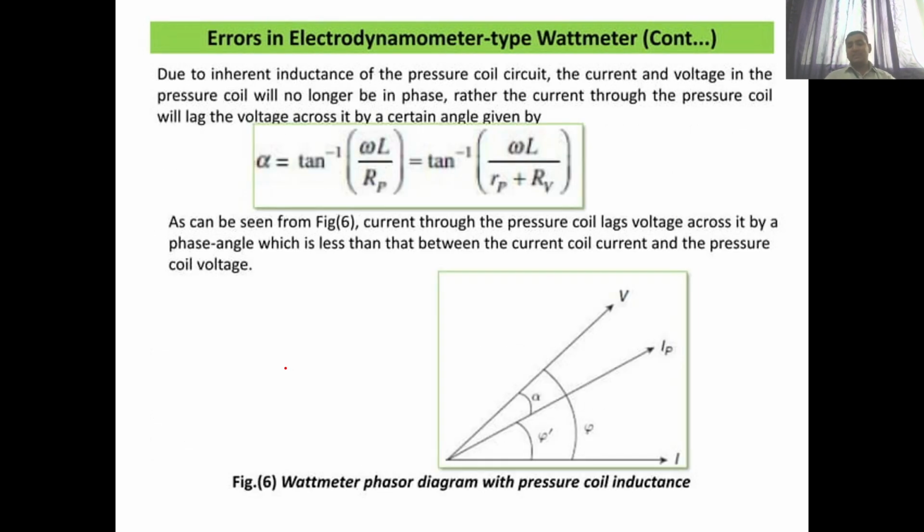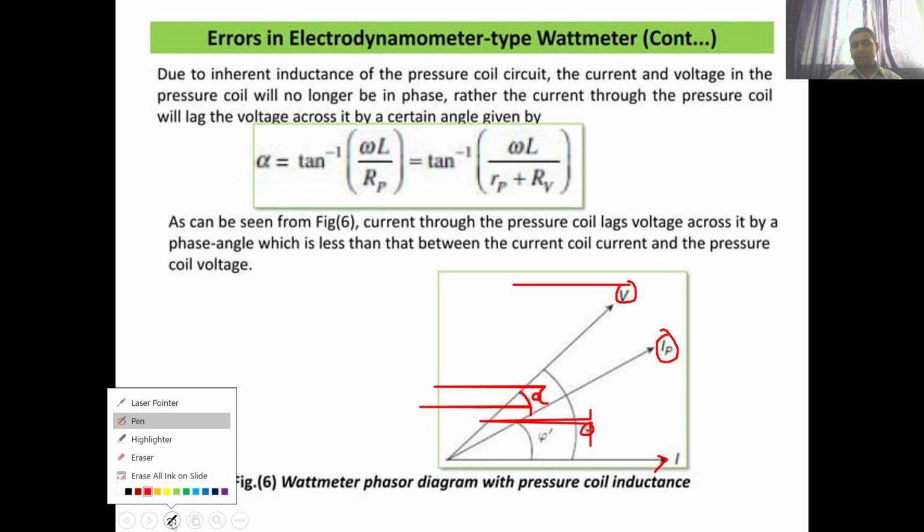Previously we assumed that voltage V and current Ip are in the same phase, but now we assume they have some lag angle phi between them. We assume the loop is inductive in nature.